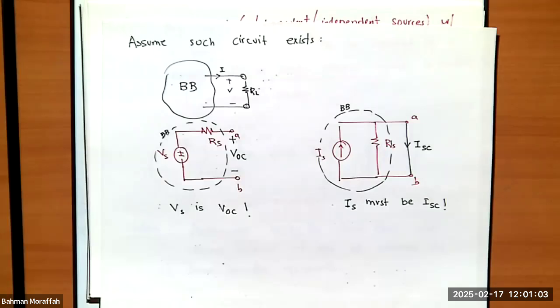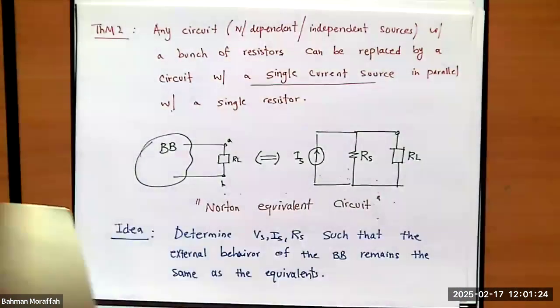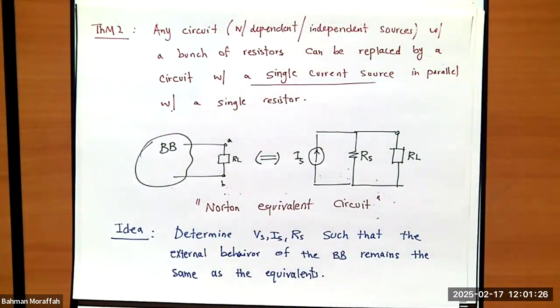And given that, I can compute that Rs, which turns out to be Vs divided by Is, right? We're going to talk about it in detail. For now, we only know how to compute Vs, which is V open circuit. We know how to compute Is, which is I short circuit, right? But let me motivate this a little more.